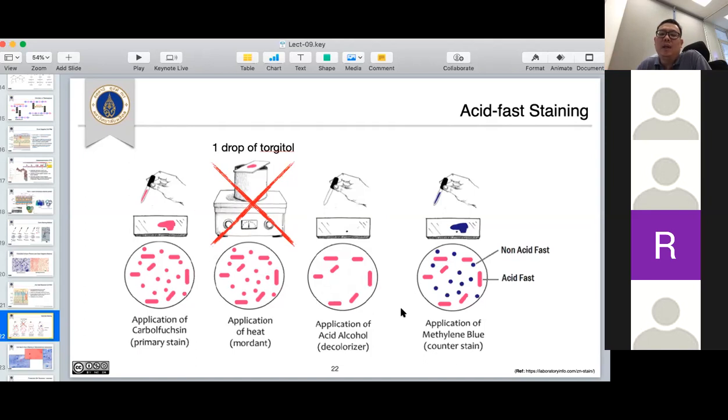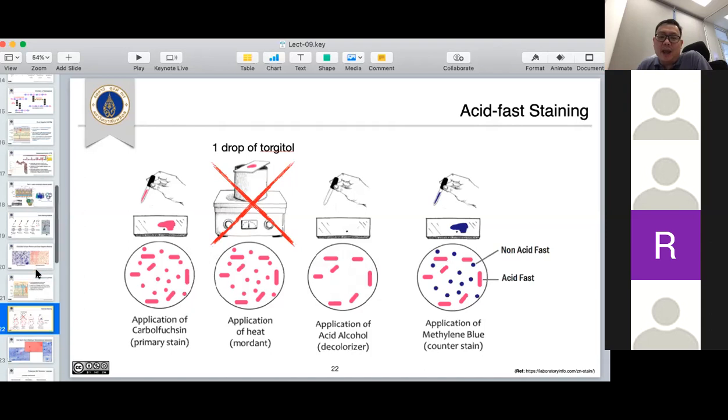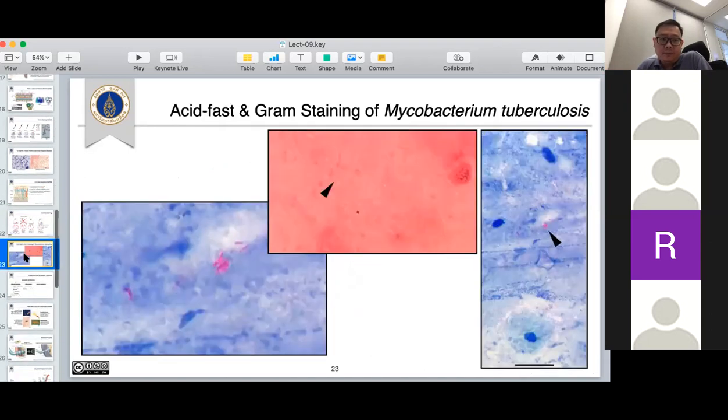You need to add a counterstain. Like I said, you stain it for use as a background or to differentiate bacteria, with methylene blue. In this case, when you observe bacteria, the acid-fast bacteria show up in red color like this.